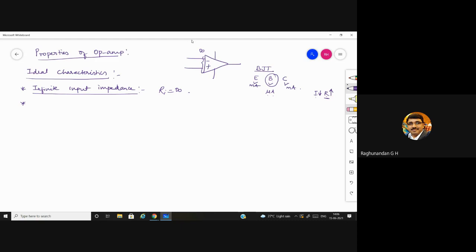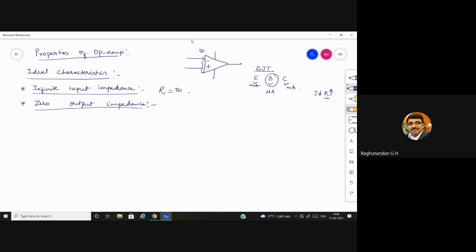Next, zero output impedance. Zero output impedance means here at the output side, the resistance offered by the op amp for the output to go to the load will be zero.